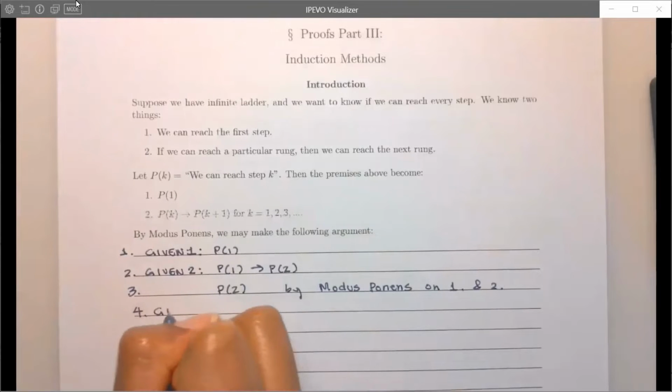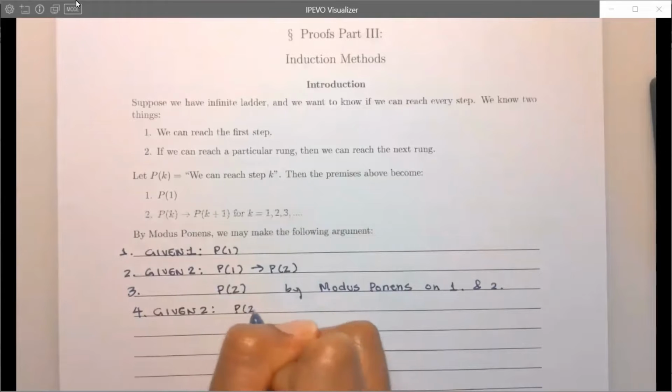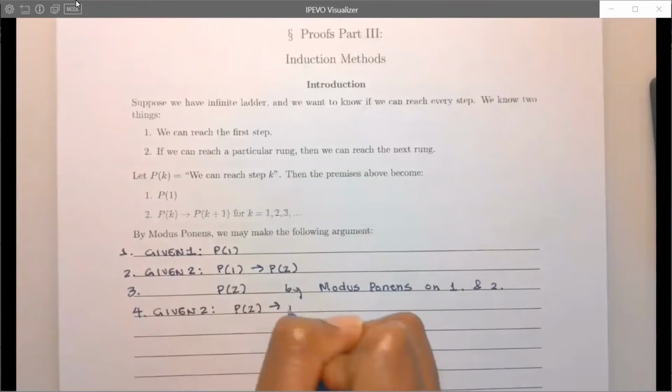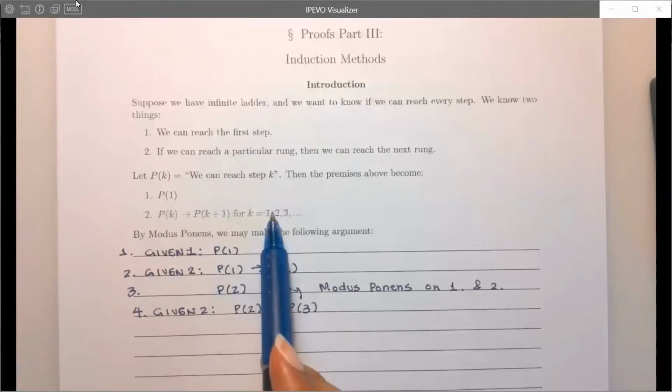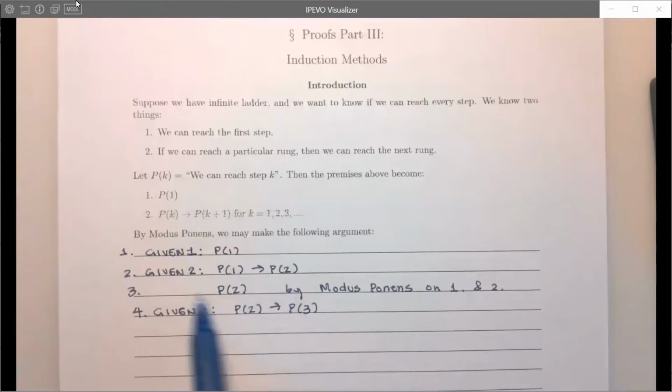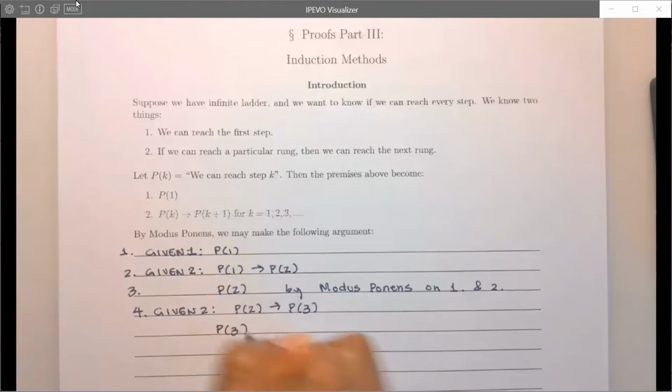Now, we also have as a given that if we can reach the second rung, then we can reach the third rung, because this is true for K being 1, 2, 3, and anything higher. So now if we apply modus ponens on 3 and 4, then we're allowed to conclude that P of 3 is true.